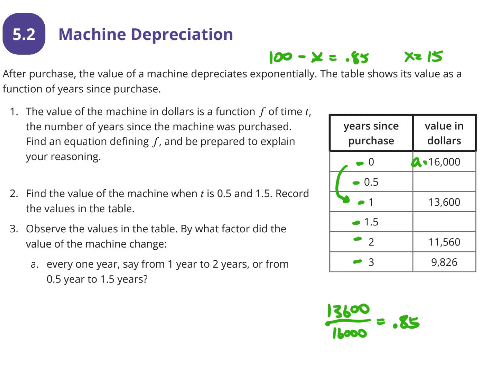But now we have half. So let us write our equation now. f of x equals 16,000 times 0.85 to the x power, where x stands for years.